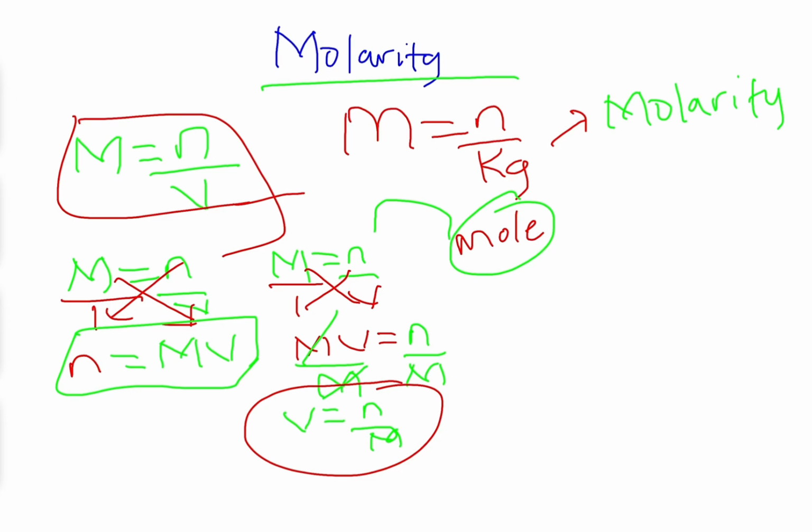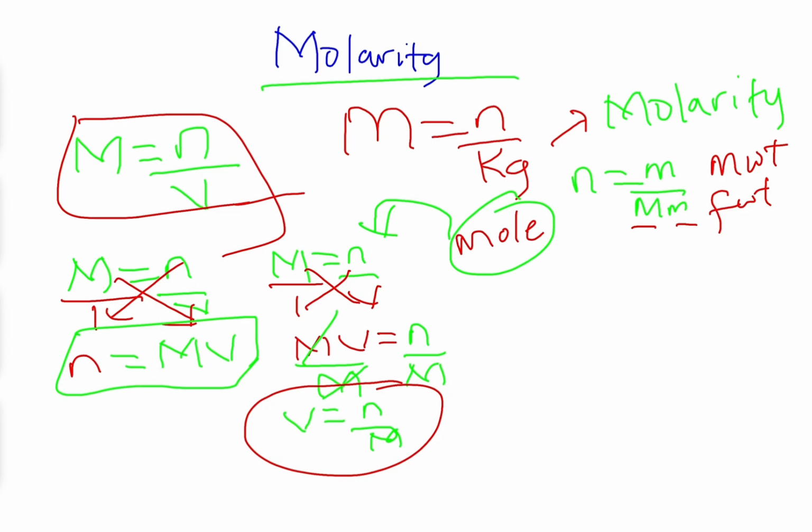The mole symbol is small n, which is equal to the mass over M, the molar mass, or we can say molecular weight as MWT, or we can say FWT as formula weight.